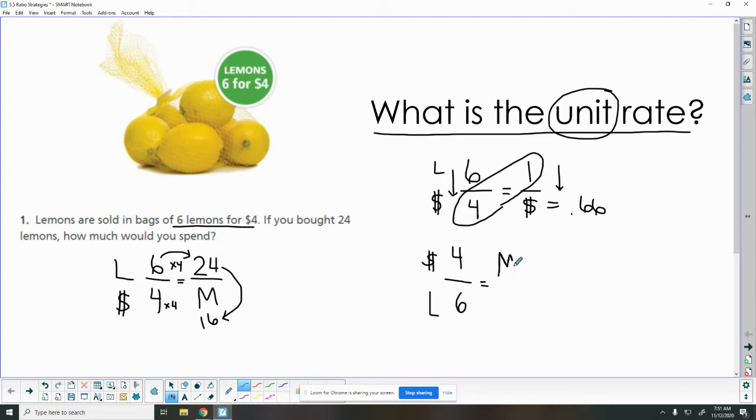And I want to know how much money I would spend if I bought 1 lemon. So I do the same thing here. 1 times 4 is 4, and then we'd be dividing by 6. It equals 0.66. So as long as your numbers going across are matches, it doesn't matter which way you set it up, you'll get the same problem. I had my money on the top, lemons on the bottom, or up here I had all my lemons on the top. So as long as your items going across are the same, you'll end up doing the same problem.